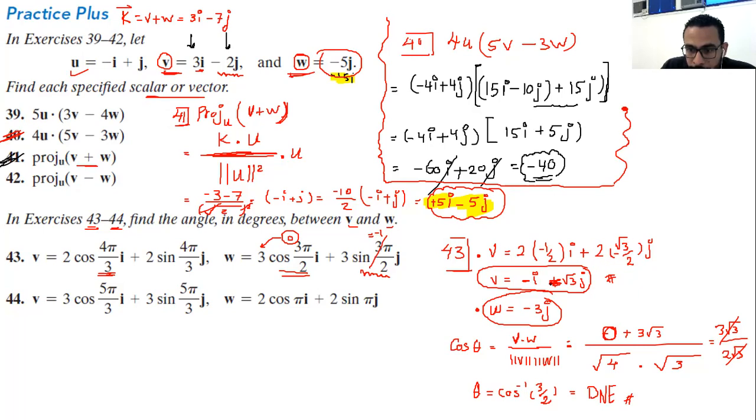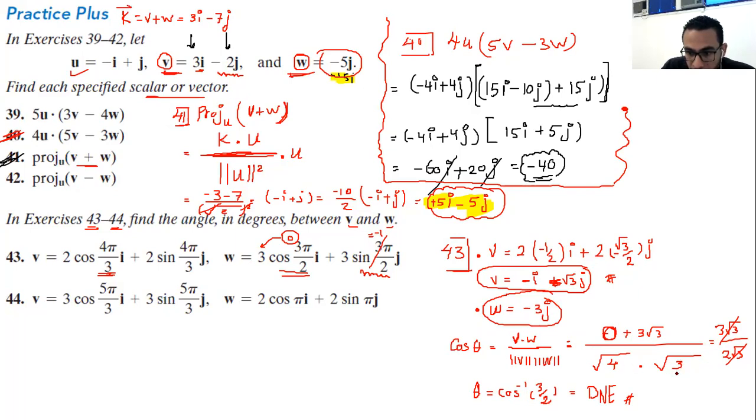W is 0 i and negative 3 j. Negative radical 3 times negative 3 gives positive 3 radical 3.